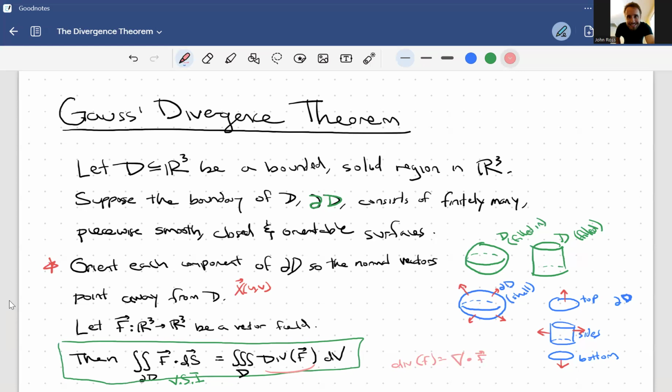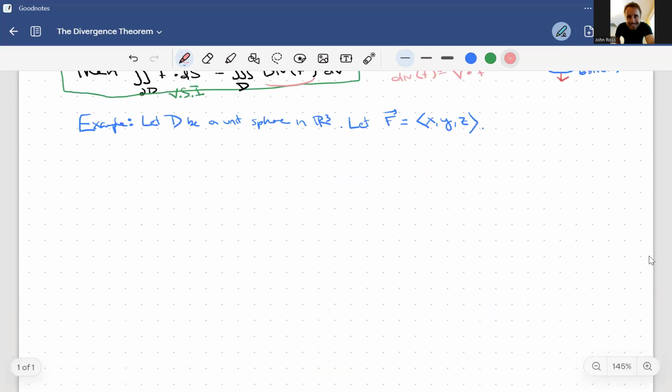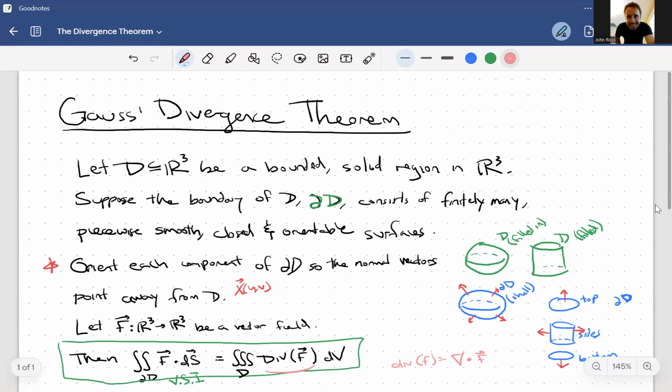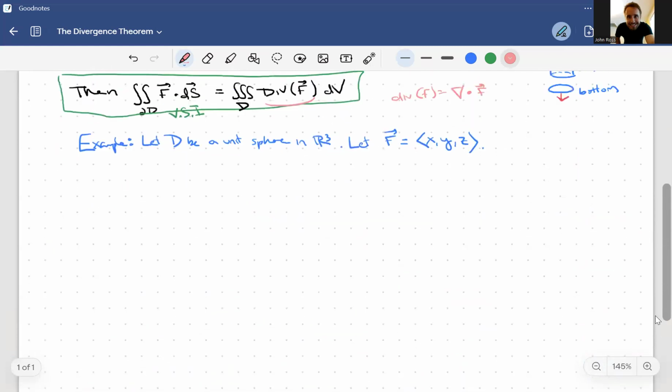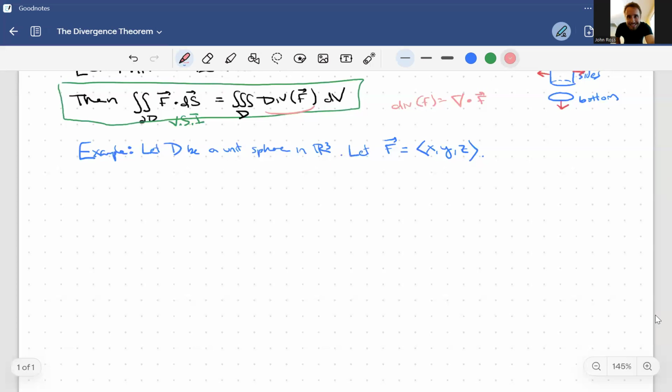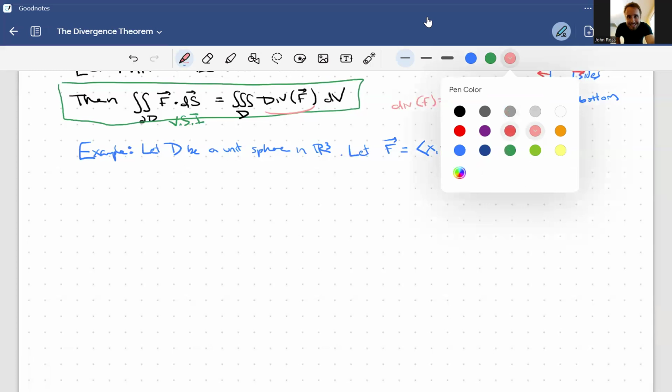Now, let's calculate one example where we see that this is the case. So we'll save the conversation of why this theorem is true for another day. But let's see if we can calculate this for a given example. We'll calculate the left-hand side, we'll calculate the right-hand side, and we'll see that the two are equal to each other.